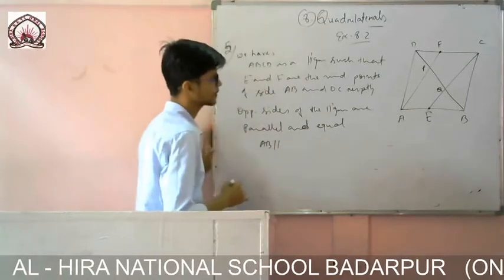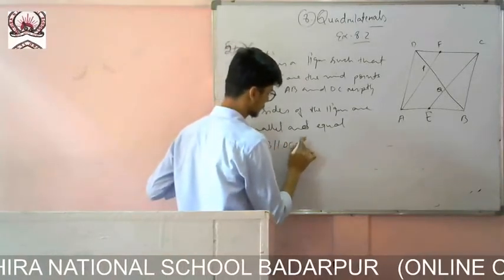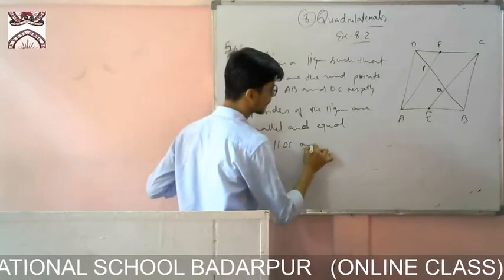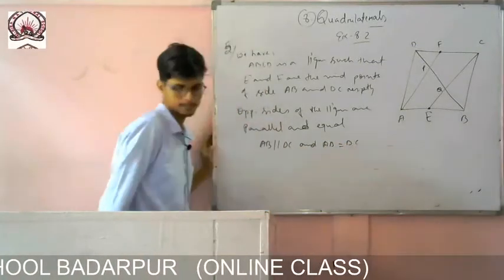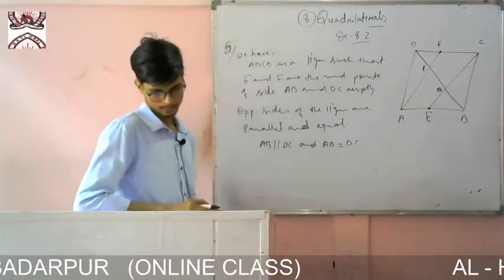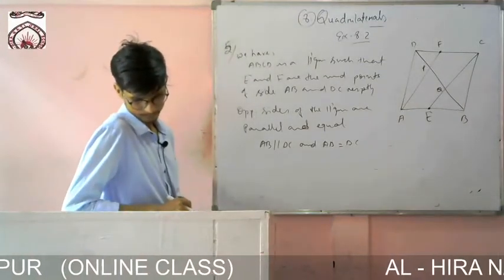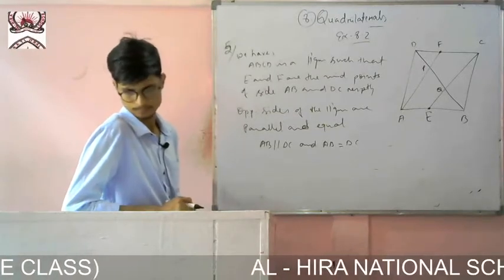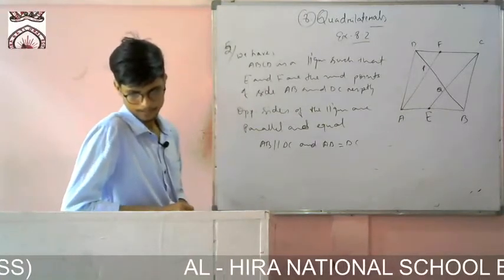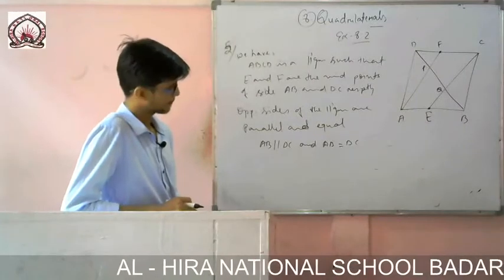AB is parallel to DC and AB is equal to DC. Okay.